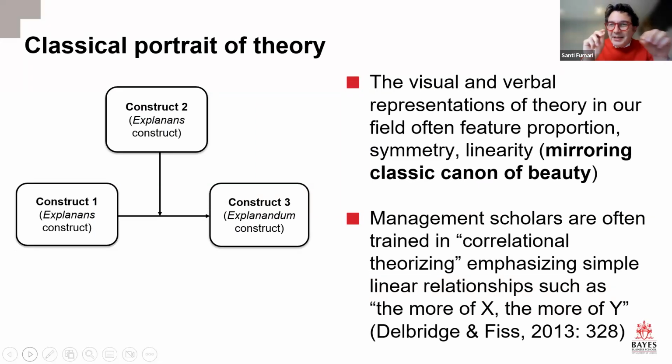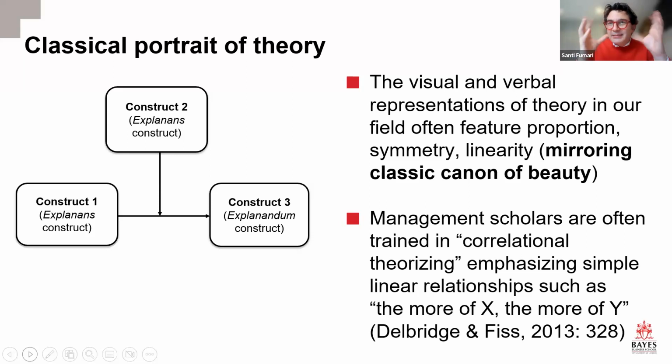Boxes and arrows, they are linked to each other. And another typical representation that is less visual but more verbal is propositions or hypotheses, where a theory is a verbal statement that is often of the correlational type. The more of X, the more of Y.